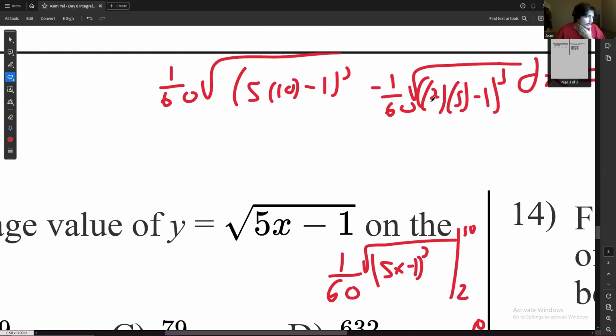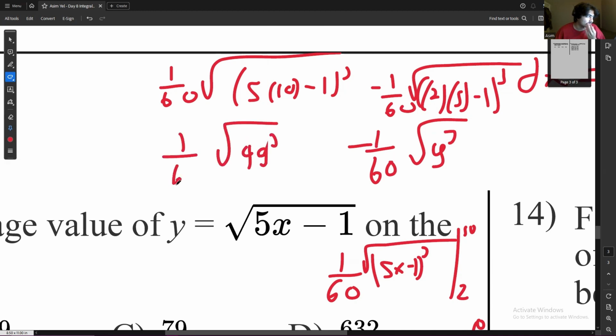So this will end up being 2 times 5 is 10 minus 1 is 9. So 9 to the 3/2 minus negative 1 over 60. And this will be 50 minus 1, 49, 49 to the power of 3/2 over 60.